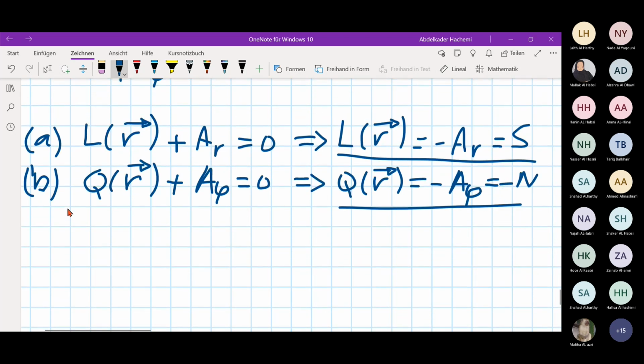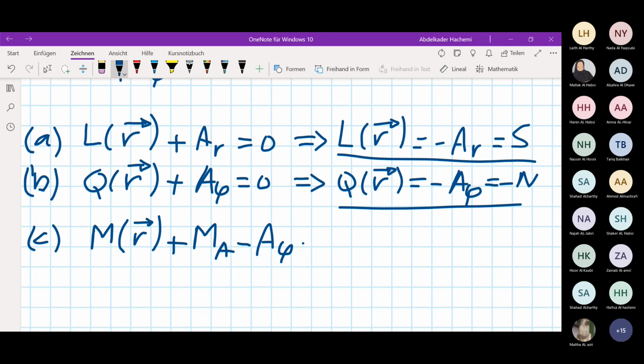And now for the moment, we have MR plus the torque moment MA minus A phi multiplied by R, and this is equal to 0.